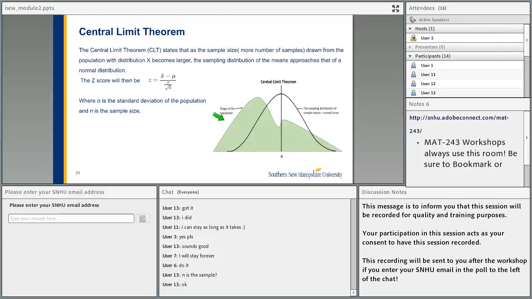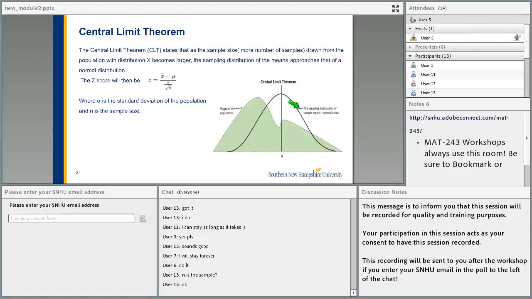If I have a population like this, and I take samples from this population, I find the mean of all the samples, and then I plot them to get the sampling distribution of sample means. If my sample size becomes larger and larger, then the resulting curve that I get is a normal curve.